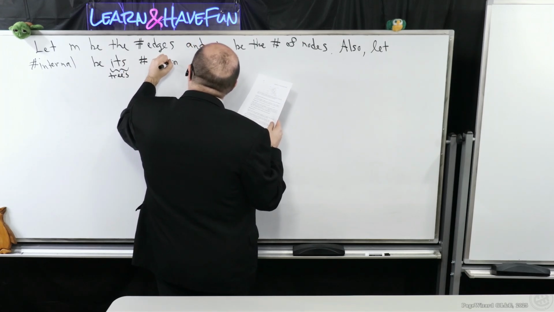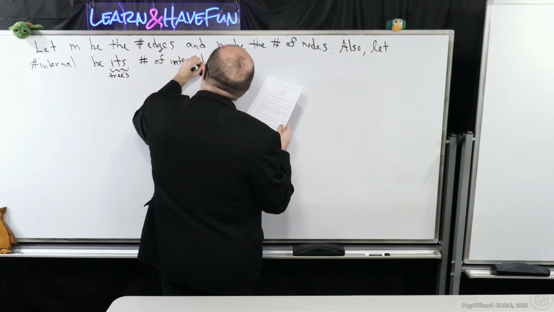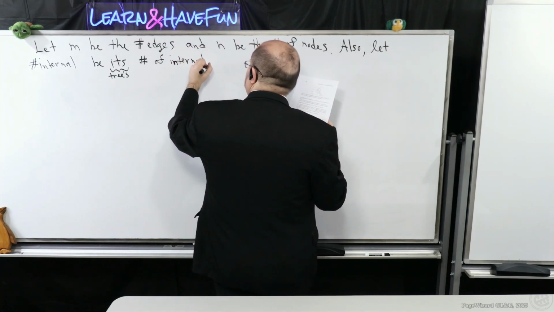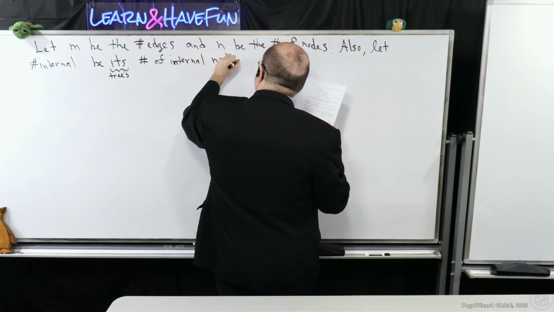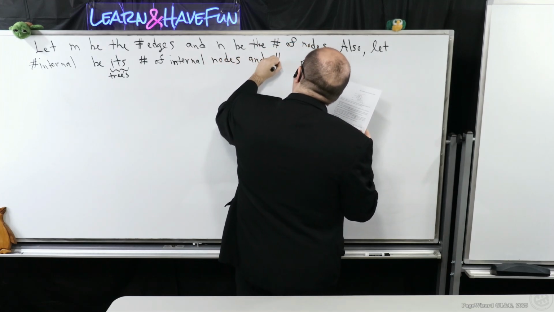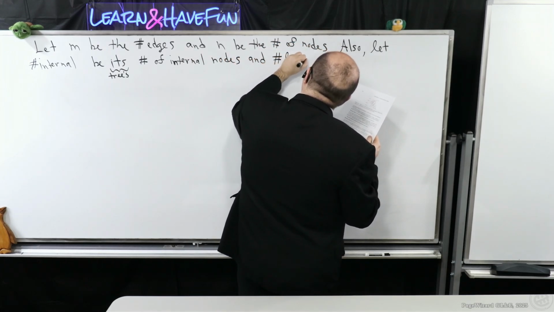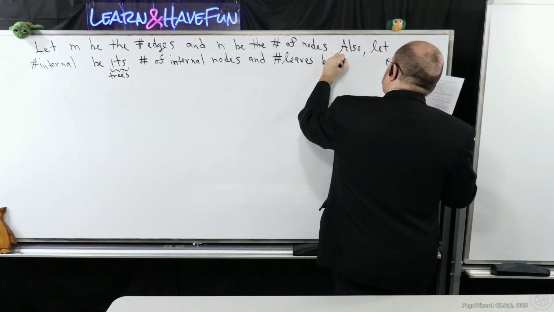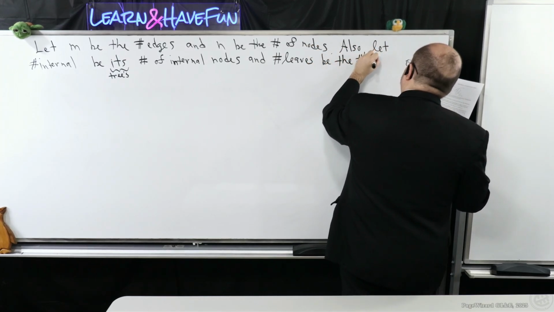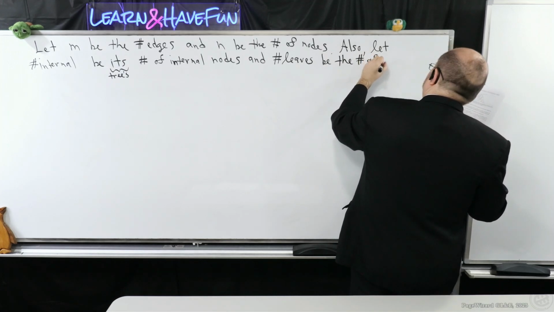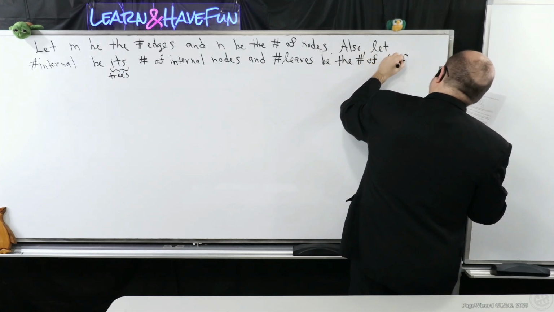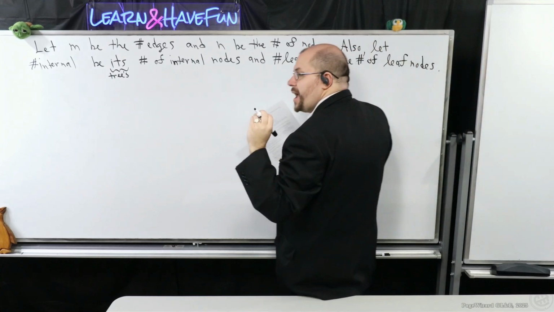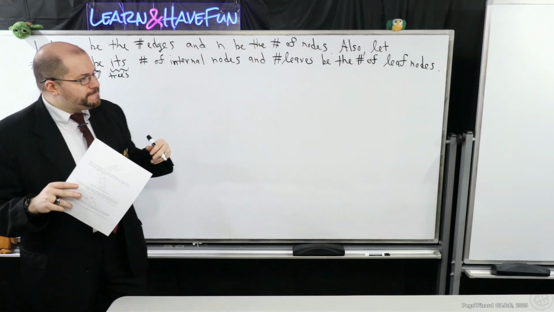So remember, an internal node is a node with at least one child. And the number of leaves be the number of leaf nodes, or leaves. So recall that these are the nodes that have no children, right?